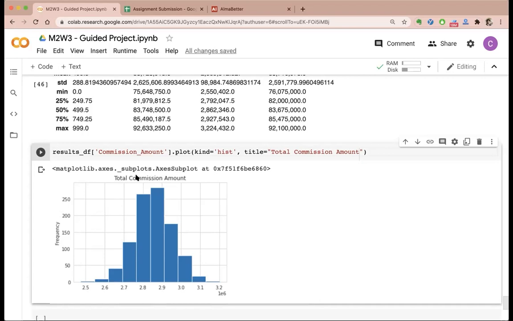Correct. So it is almost like a normal distribution. 99 percent of the values lie below 3.2 million, right? So from this graph you can say that, okay, if you want to be 99% sure that your budget should not be exceeded, keep a budget of 3.2 million.